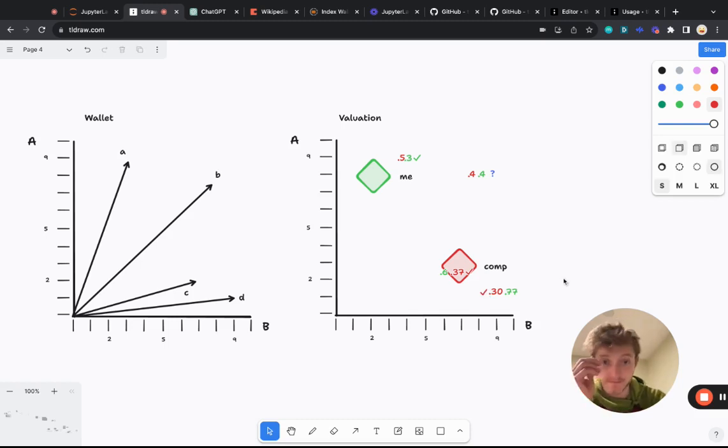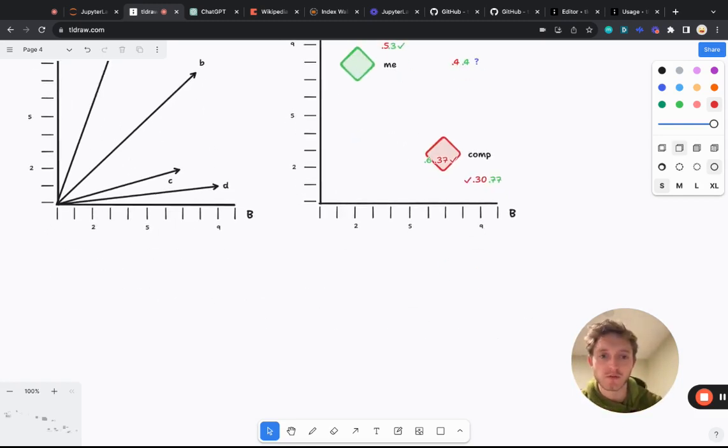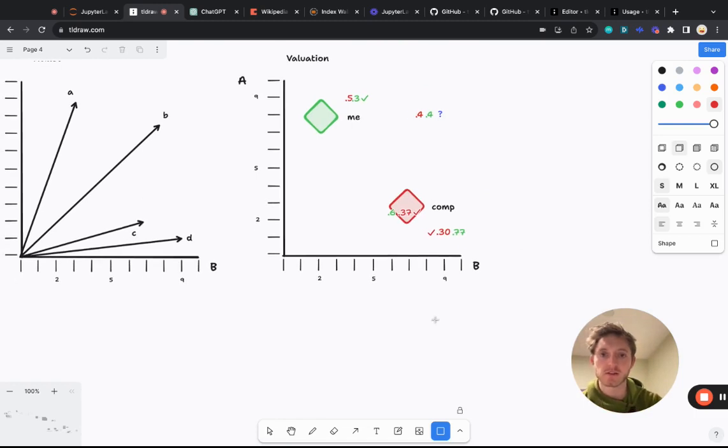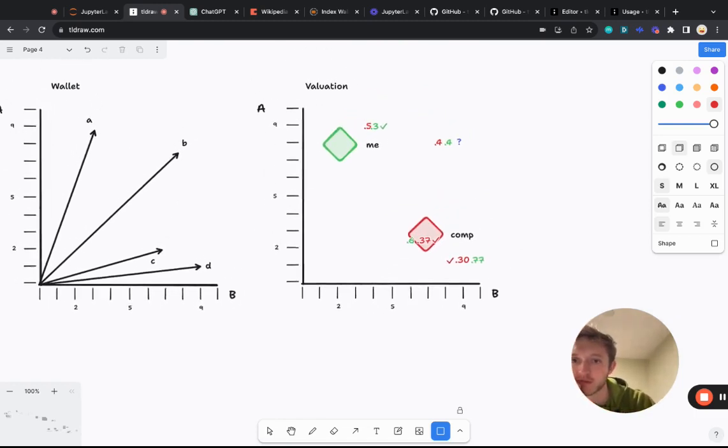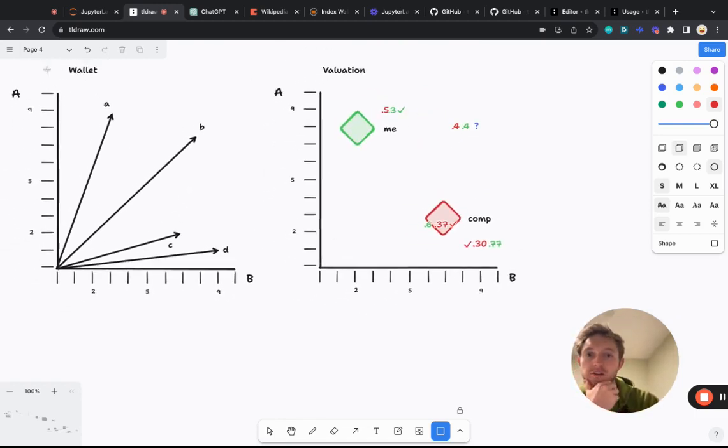And red one. So now what we would like to see is, so far this teaches us that there are two input spaces, wallet space and valuation space.